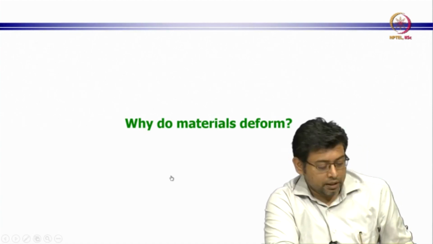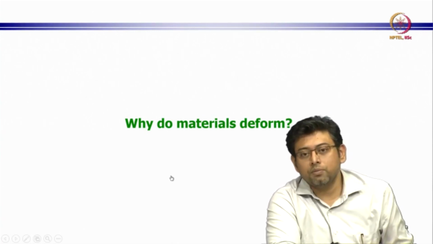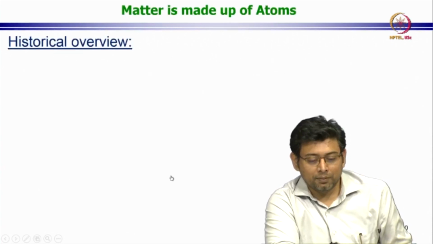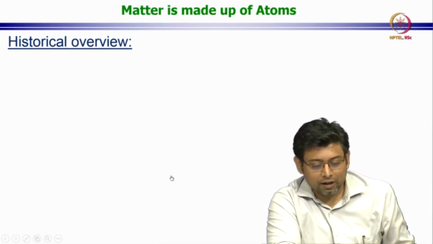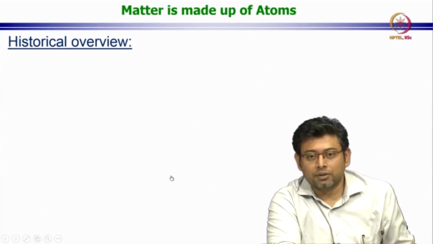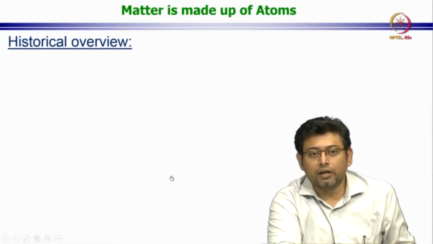Well, the reason why bodies deform goes back to what actually forms the basis of matter, and here I'd like to involve a historical overview. We know that matter is now made of atoms, right? But the idea of atoms and molecules has been hypothesized for a very long time.